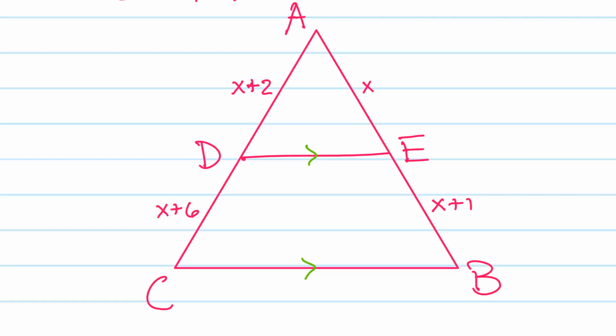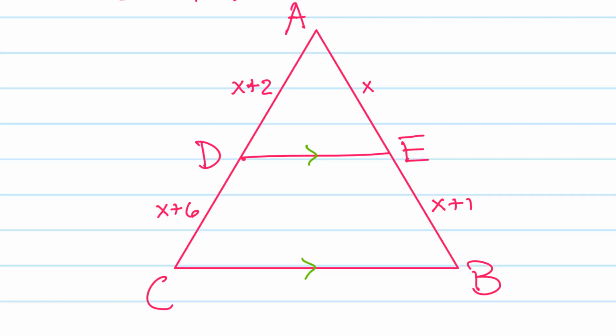So now, how do we solve for x on 2 similar triangles? We have to set up a proportion.